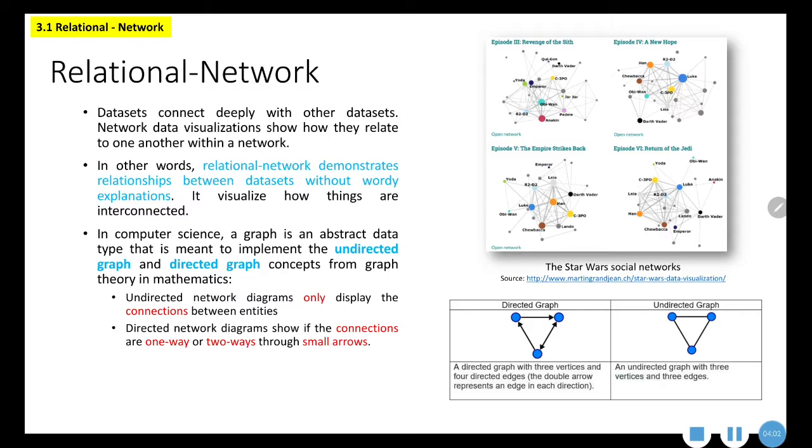The first structure that we're going to learn today is the relational network. A relational network is a visualization that helps to visualize data in data sets. When I mention the word data sets, you have to think of data stored in a database.